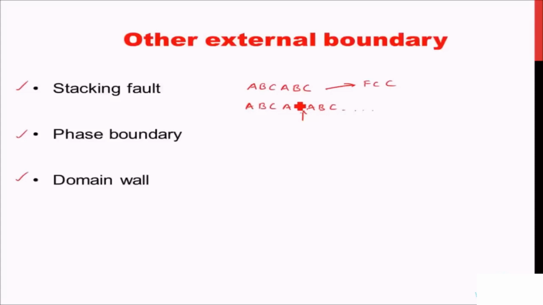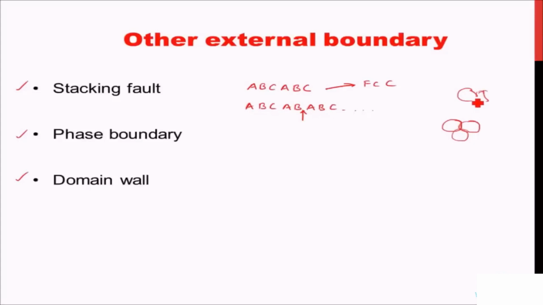Okay. What is a phase boundary? In grain boundaries, there were different grains of the same material, of the same phase, but it can so happen that the two surrounding grains belong to different phases, right? One can be ferrite and the other can be cementite. We'll discuss ferrite and cementite in iron while discussing steel.